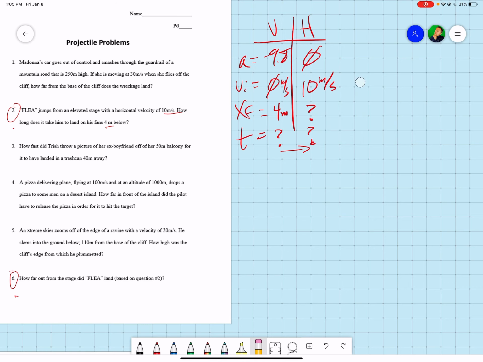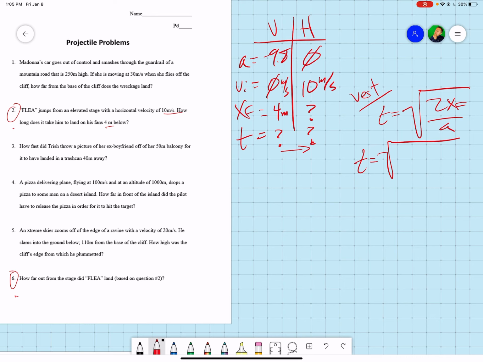So we're going to do vertical. Vertical will be the big ugly formula, which really turns into time is equal to the square root of 2xf over a when you do your algebra. So we have time is equal to square root of 2 times our height, which was 4 meters, divided by negative 9.8.